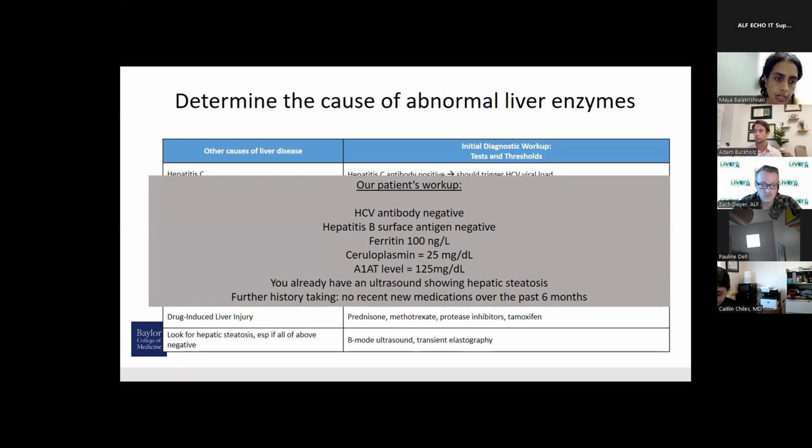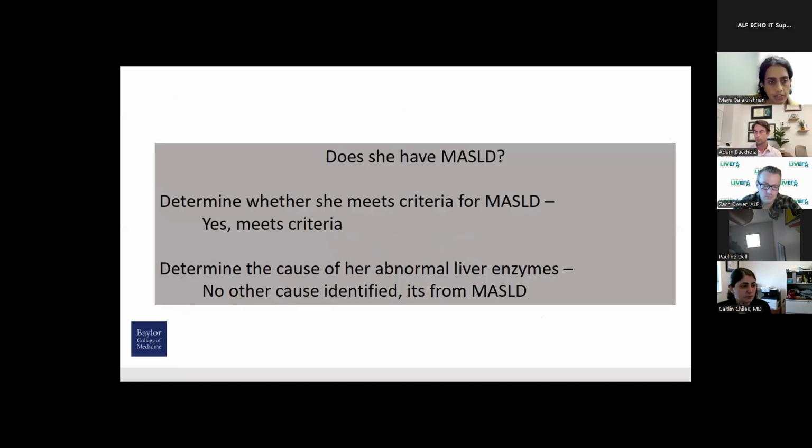Very important, you've done more history taking and you don't see that she's been exposed to any new medications over the past 6 months. So in this patient, you can conclude that her abnormal liver enzymes are entirely from the MASLD. She meets criteria for MASLD and she doesn't have any other cause for her abnormal liver enzymes. So you're dealing with MASLD and MASLD only here.